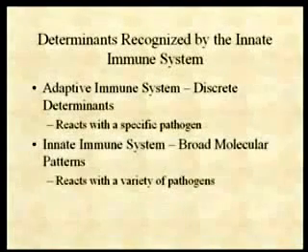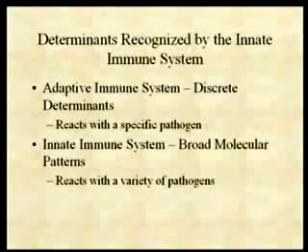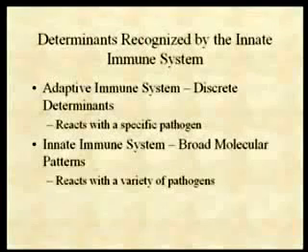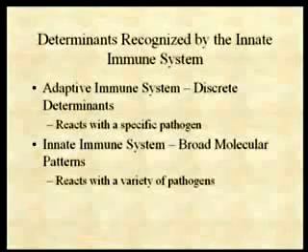In contrast, the determinants that are recognized by the innate immune system are broad molecular patterns that are common to many, many pathogens. All right? And so the receptors that recognize these determinants are going to recognize a lot of different pathogens.